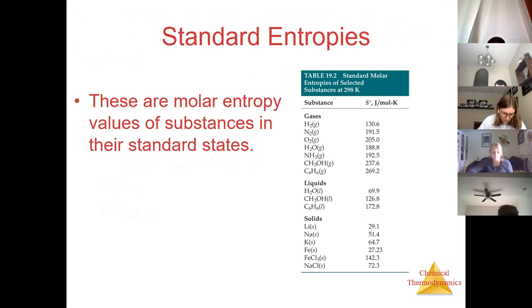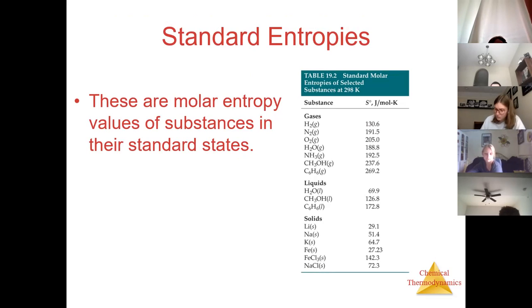Now, you are going to have tables. The very back of your book has appendices with S's, delta H's, and delta G's. And there are heats of formation, entropy, and Gibbs free energy.